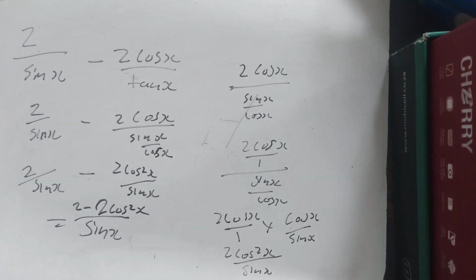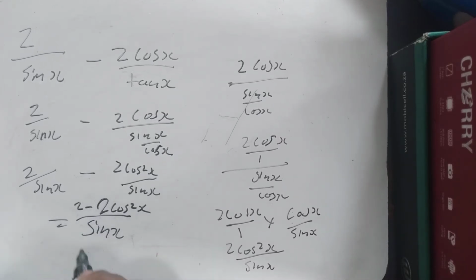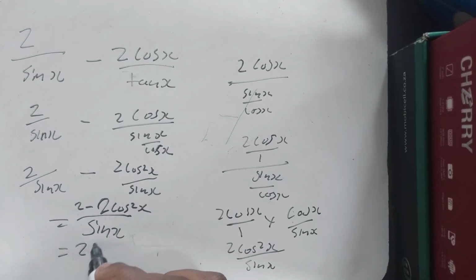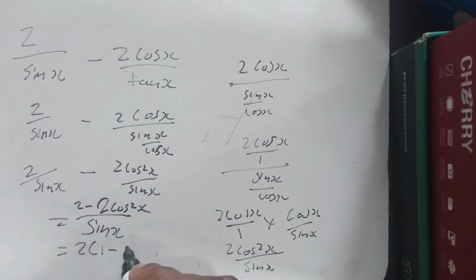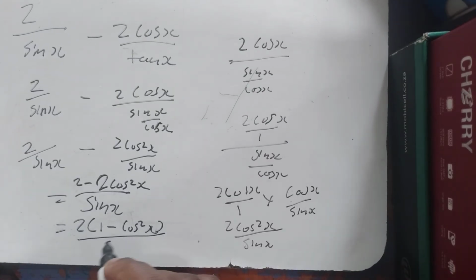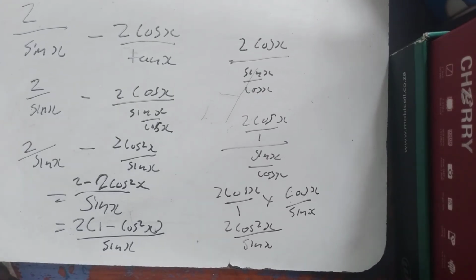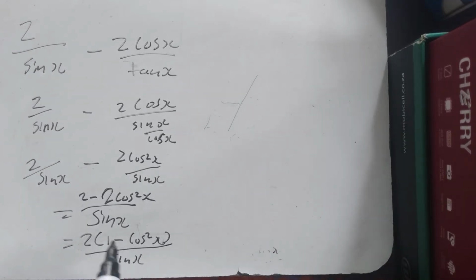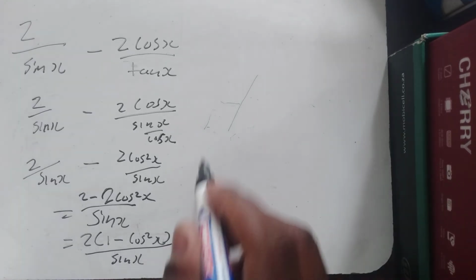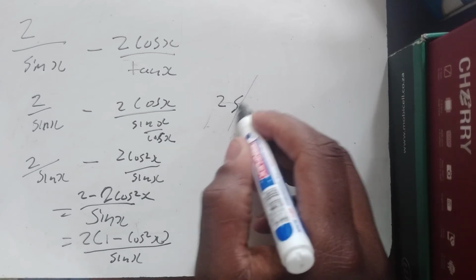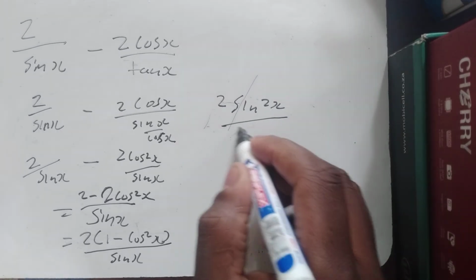And then how do we go further here? We can even change that, or we can factorize. If we factorize, the common factor here is 2. So this becomes 2 times 1 minus cos squared x, over sine x. And when you look at this, 1 minus cos squared x is sine squared x, so this becomes 2 sine squared x over sine x.